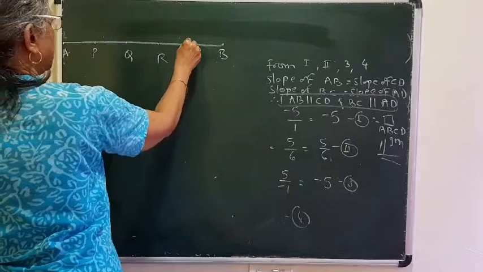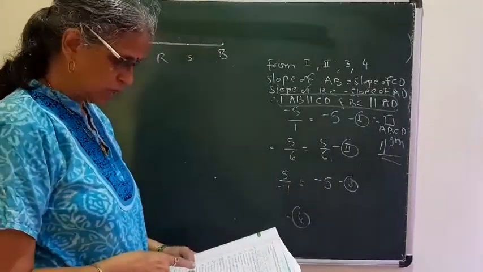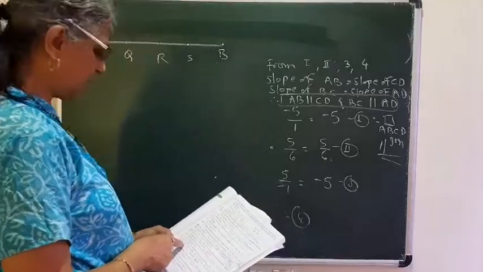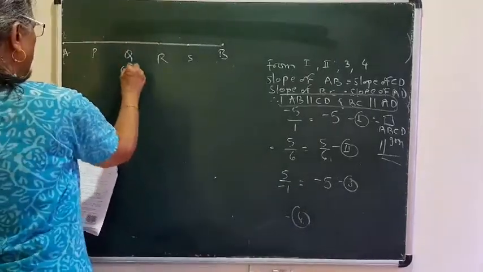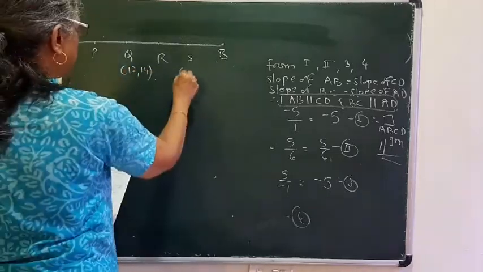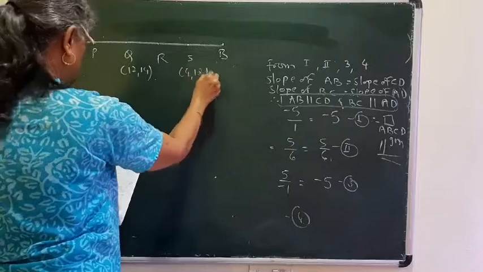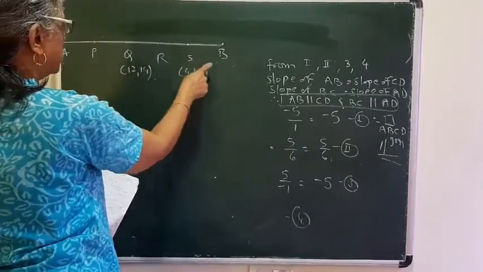So you know that when we take 4 points, then we have 5 equal parts. So A, P, Q, R, S, B. They have given coordinates of Q 12, 14 and coordinates of S they have given 4 and 18. You have to find out the coordinates of remaining points A, P, R and B.